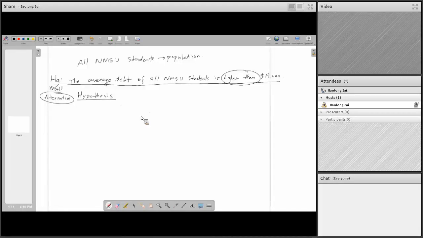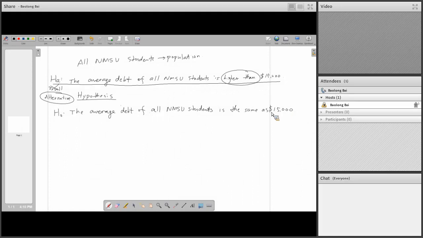So for example, if your alternative hypothesis is the average debt of all MSU students is higher than $15,000, the null hypothesis automatically will be to write everything else the same, the average debt of all MSU students now will be the same as $15,000.